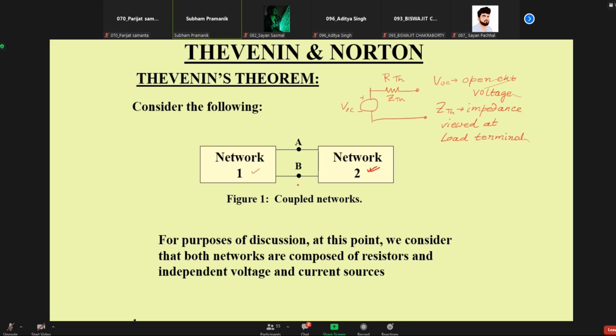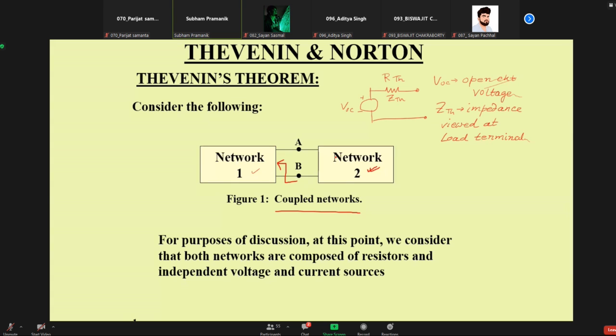If current or voltage is required across some circuit element, then that circuit element is considered as load. Suppose I ask you what is the current delivered by network 1 to network 2, then network 2 will be our load. So here we have a coupled network. Sometimes it is also required that we know how much impedance this side has. For those cases also Thevenin's theorem is important.